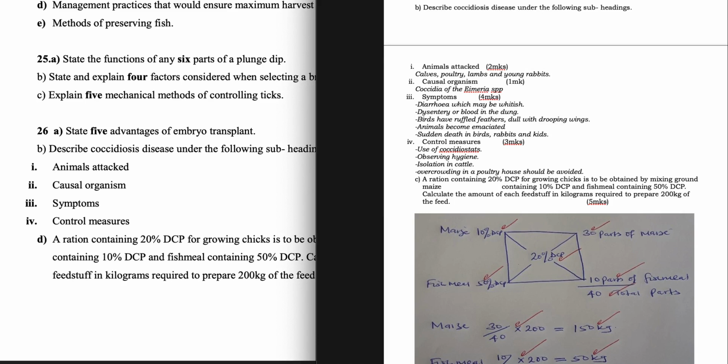And this is how you calculate. So here, for the fish meal it is 10 over 40 times the 200 so that you can get the 50 kg. Did you understand?